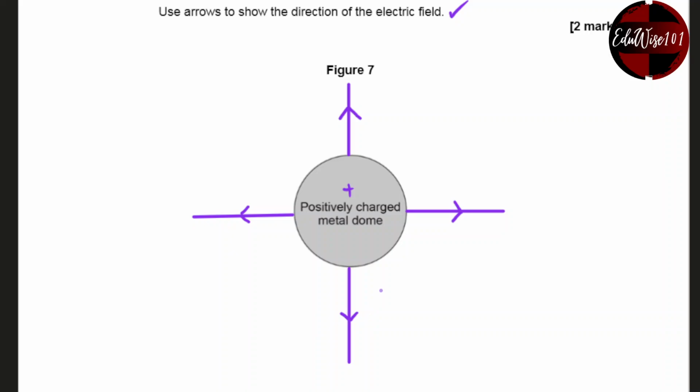This is the minimum number of lines and the arrows pointing, but you could draw another 4 just to make it clear. There you go.